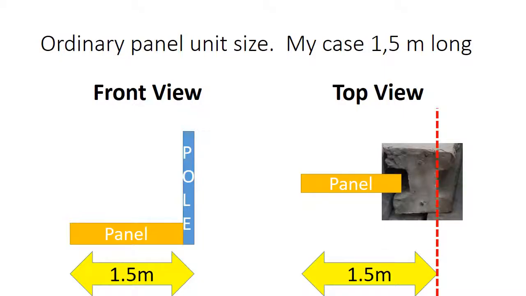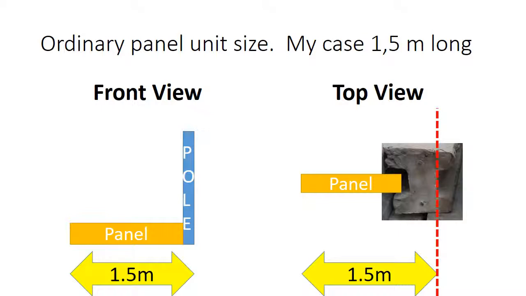Now, the ordinary panel size, if you look at the front view on the left hand side of your screen, consists of a panel and a pole, and that's 1.5 meter. I've got the top view. In my case, it's 1.5 meter. Maybe in other places it varies, so you might need to find out from the supplier.